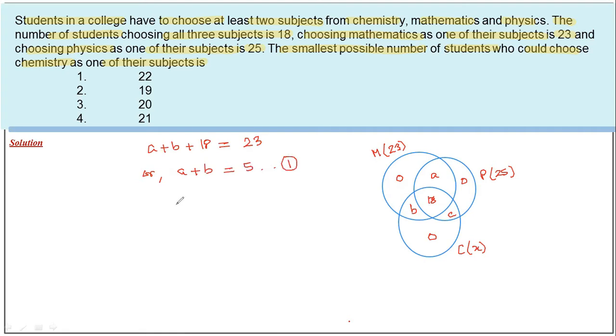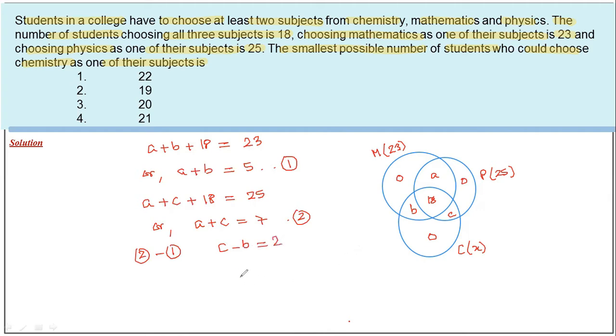Similarly, we have a plus c plus 18, that is equal to 25, or a plus c equal to 7. Now 2 minus 1 gives us c minus b equal to 2.